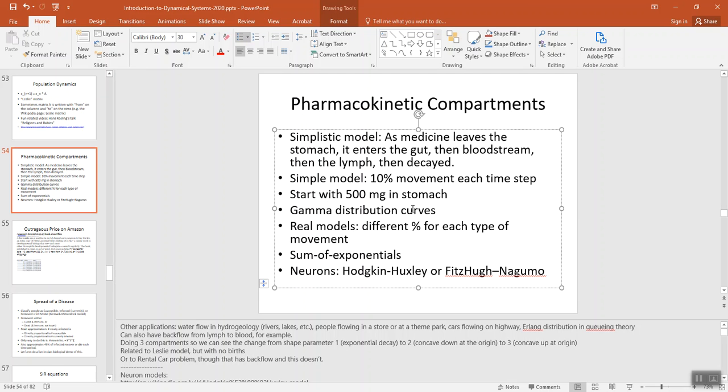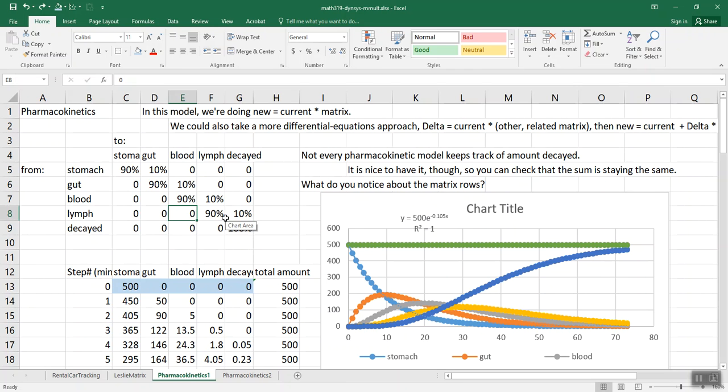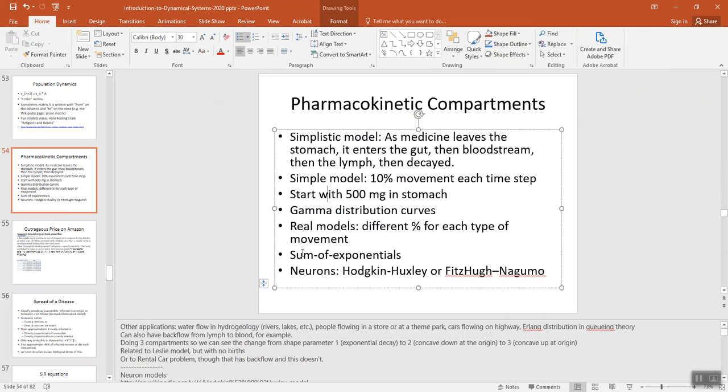So those gamma distribution curves, they occur in applied probability and calculus and everything. I've been using exactly 10% at each time step, and that's what gives us the gammas. If it's not exactly 10%, then what you get is a sum of exponentials, like a times e to the minus a1t, plus b times e to the minus bt, plus, etc. So that's a nice, interesting way to think about it.